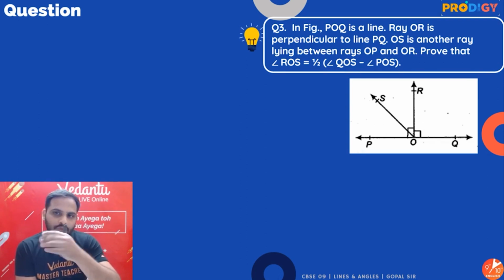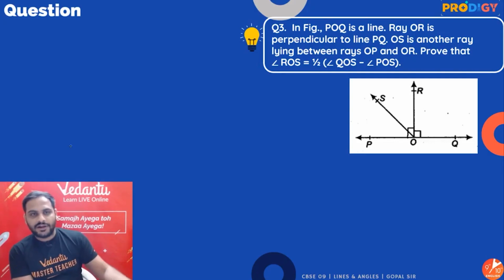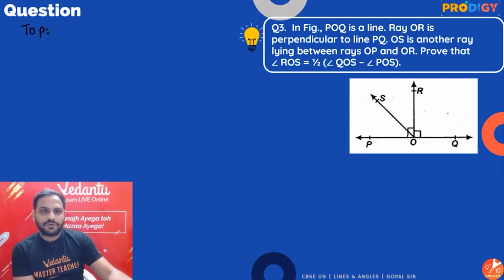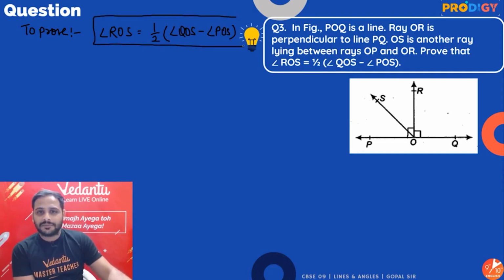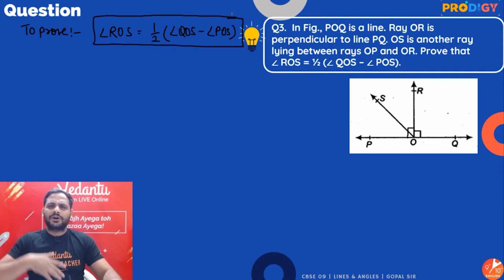So what I have seen here, what I need to prove? To prove, let's first write what I need to prove. I have to prove angle ROS is equal to half of angle QOS minus angle POS. So whenever these two prove types of question comes, first focus what we want to prove.